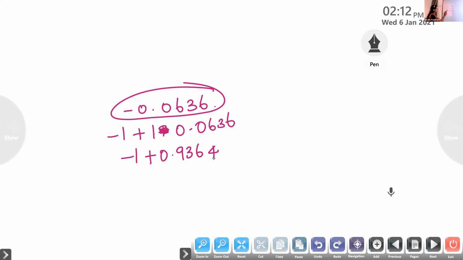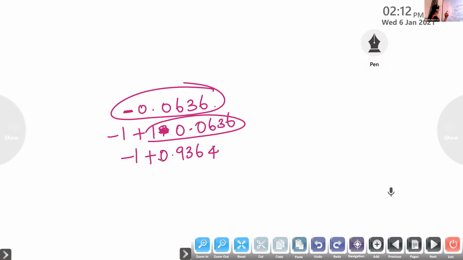So whenever we get a negative value, listen children, we will not be able to take the log or antilog of a negative value. So if you have a negative value, you add and subtract 1, minus 1 plus 1, with the same value. So what is 1 minus this value? We will get a positive.